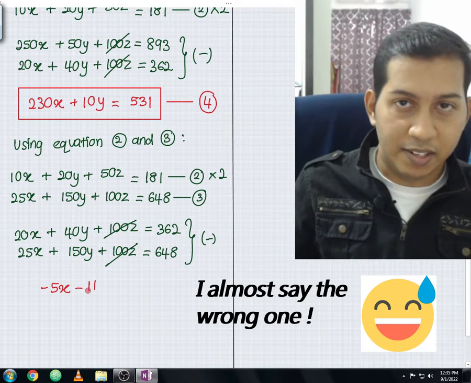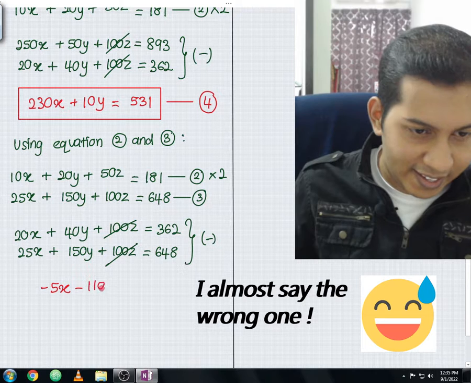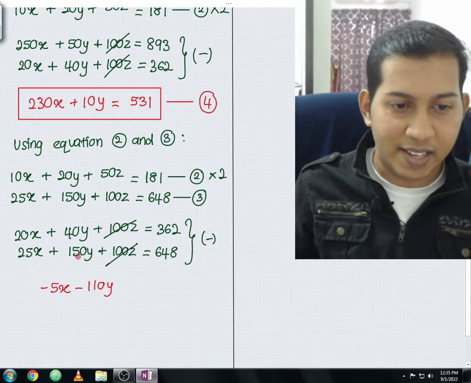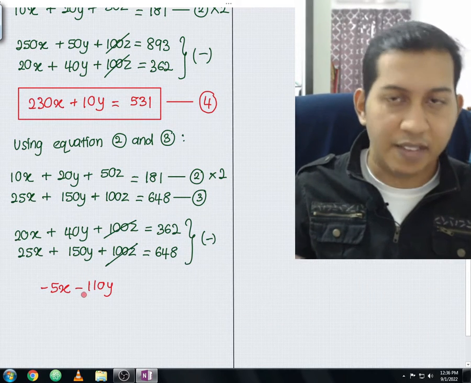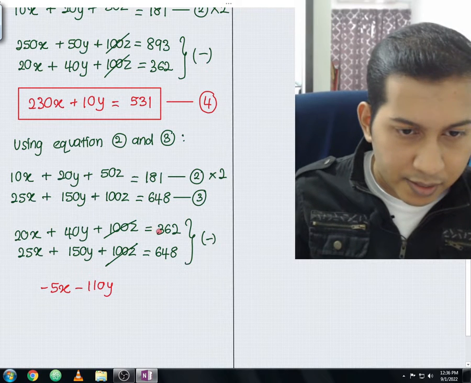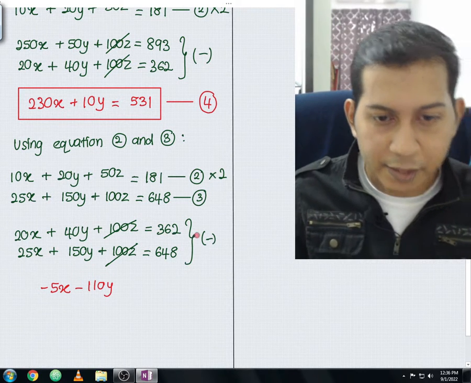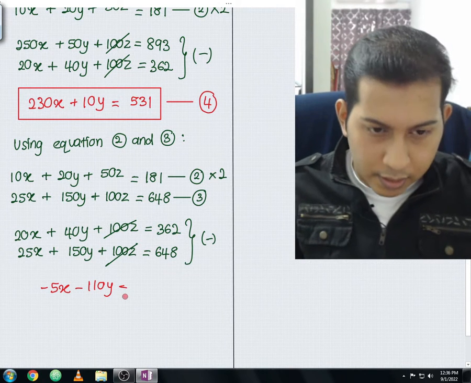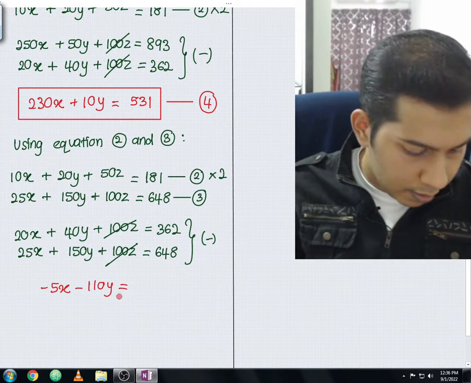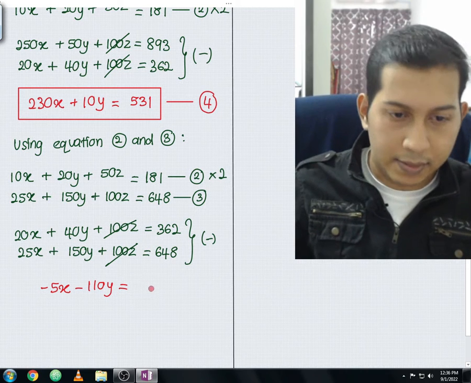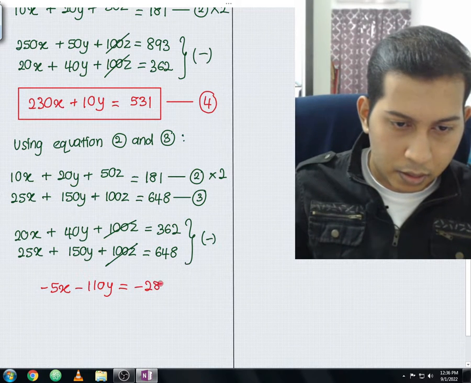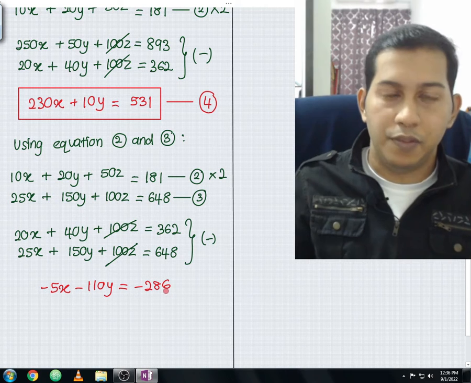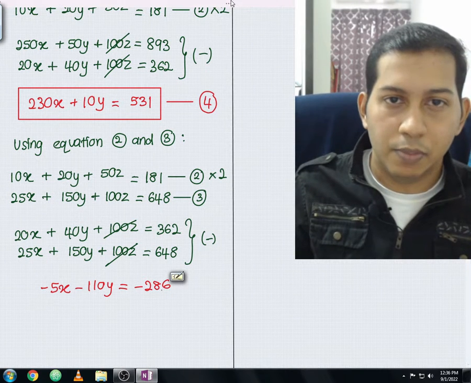I almost said the wrong value, so sorry guys. 40y minus 150y is technically negative 110y. Next, 362 minus with 648, you should get negative 286. So this will be your fifth equation, but before that let me just box this.